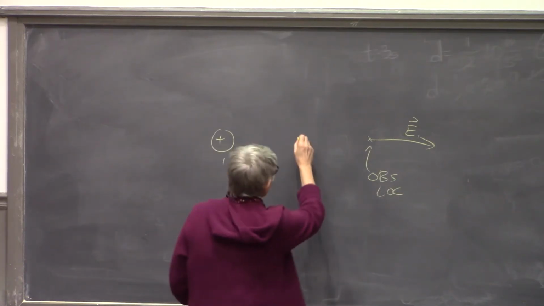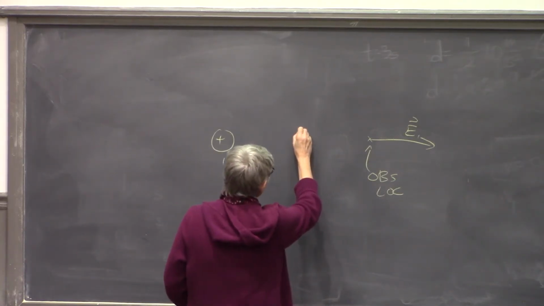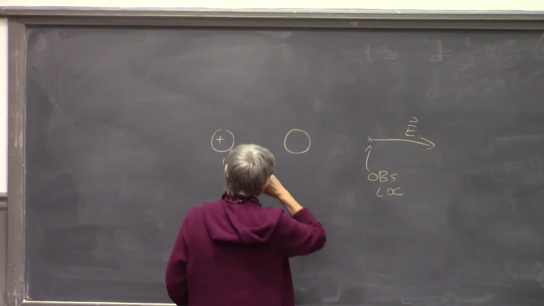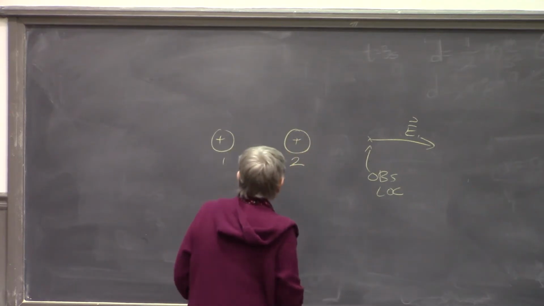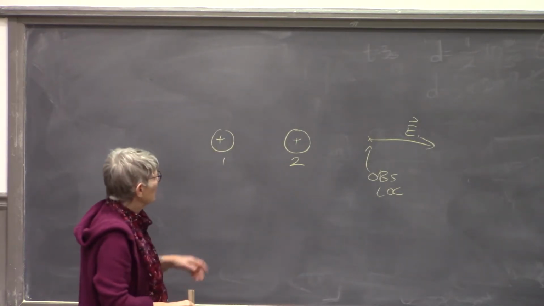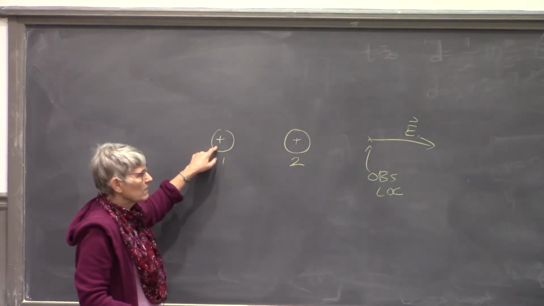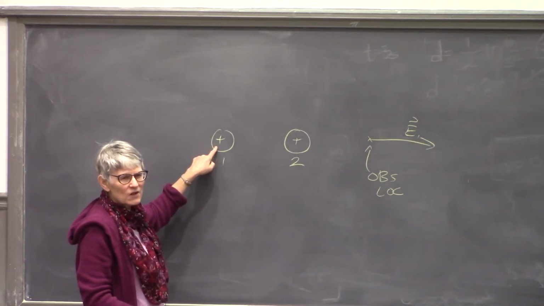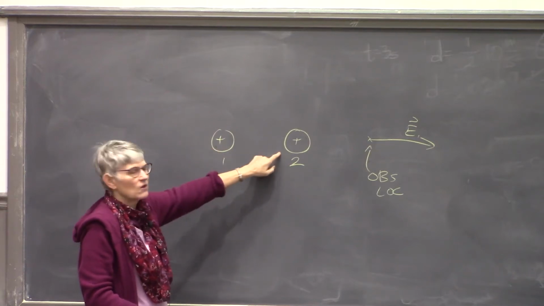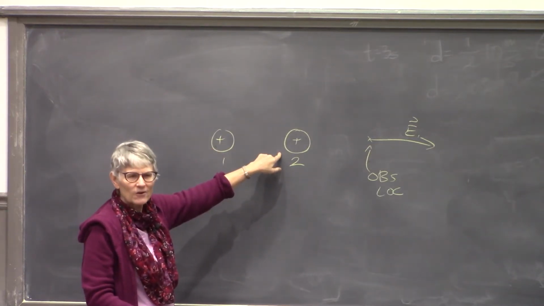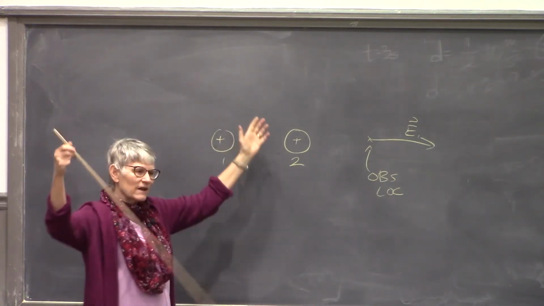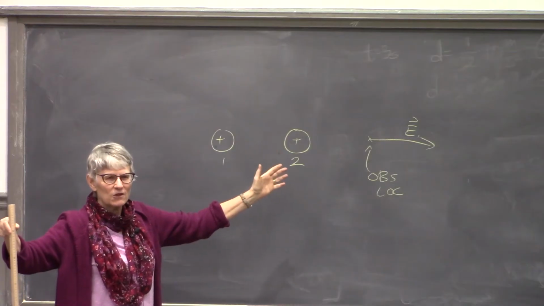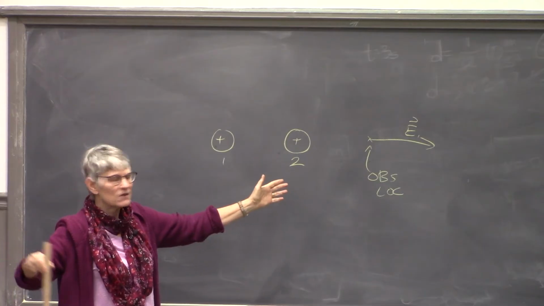But if I put another charged particle in here, and it could be any sign, that does not change the contribution of the first particle. The fact that there's another particle in the way doesn't matter. It's still creating its own contribution to the electric field throughout all of space.